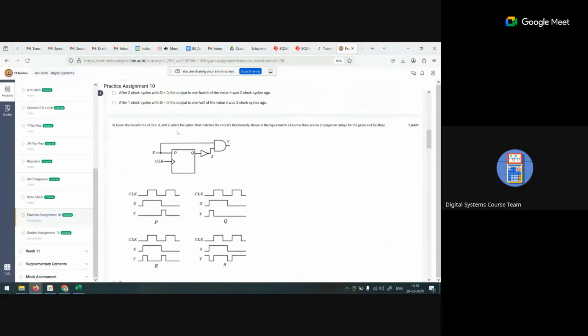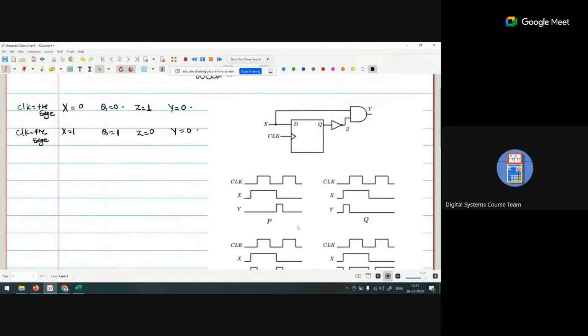Given the waveform, now when X is 0, we consider this particular positive edge.